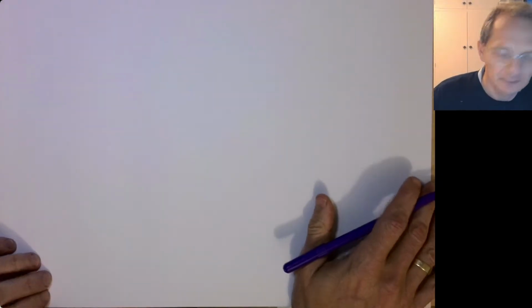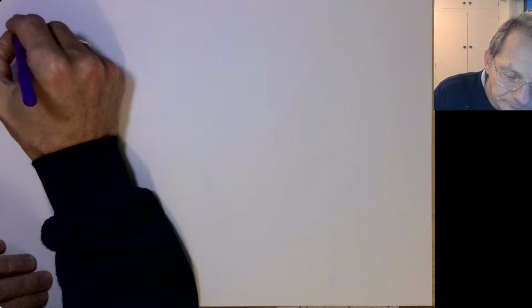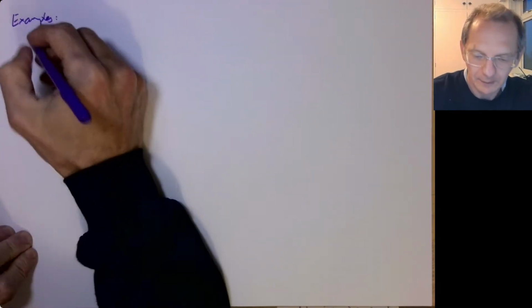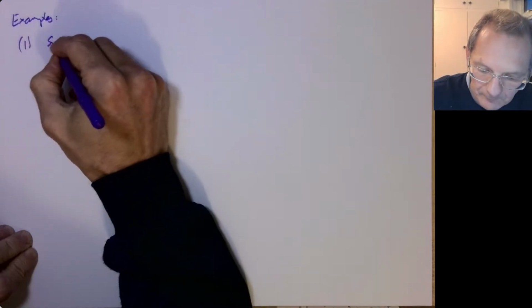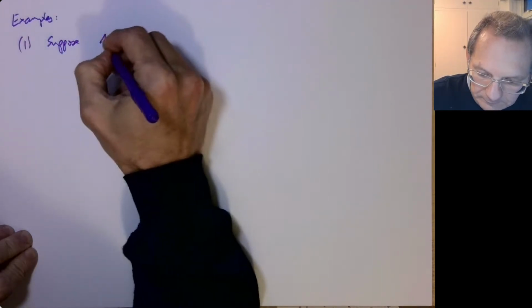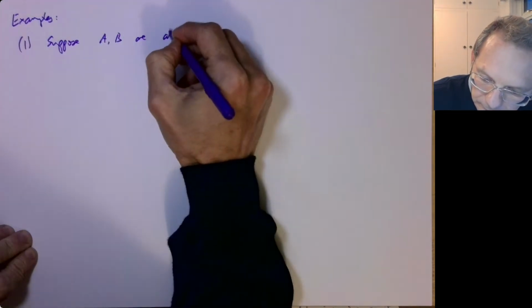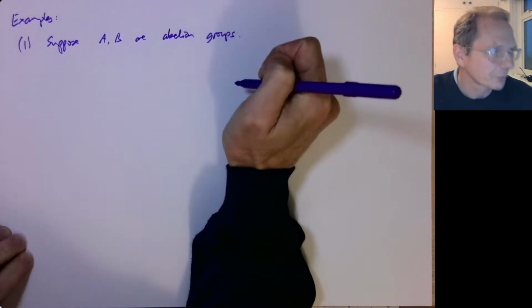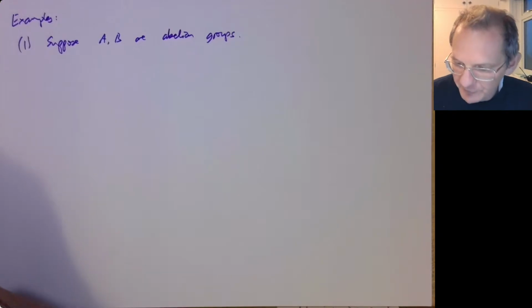Okay, so some basic examples. Firstly, there's one kind of short exact sequence that we can do for arbitrary abelian groups.